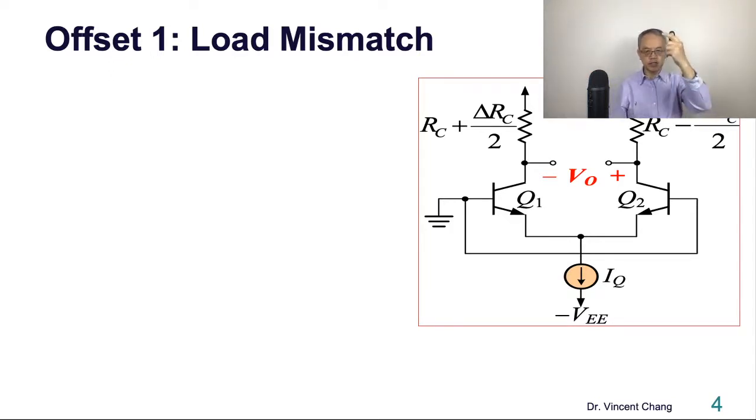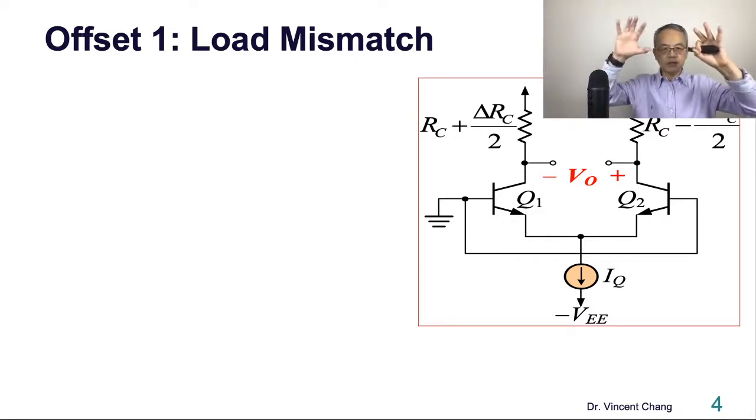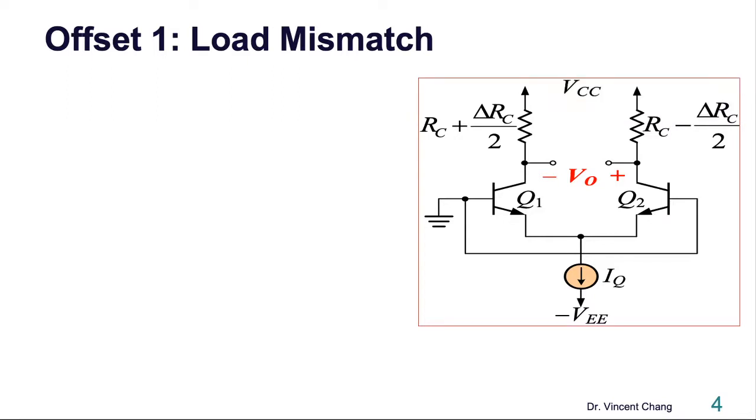The first condition, let's say, is load mismatch. The transistors are matched, but the external loads, the collector resistances, are mismatched. Let's assume the left-hand side collector resistance goes up a little bit and the right-hand side goes down a little bit.